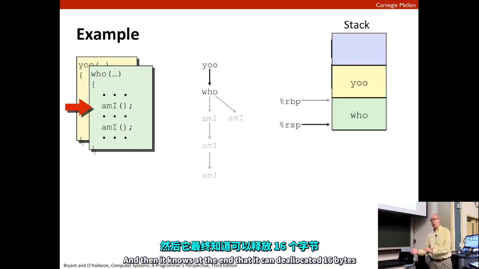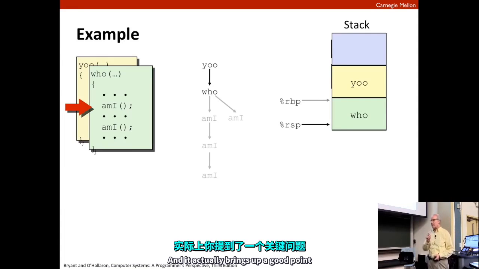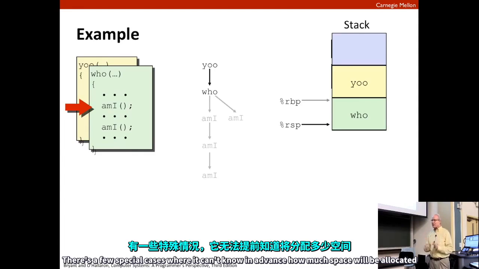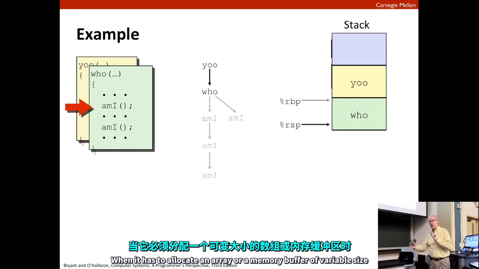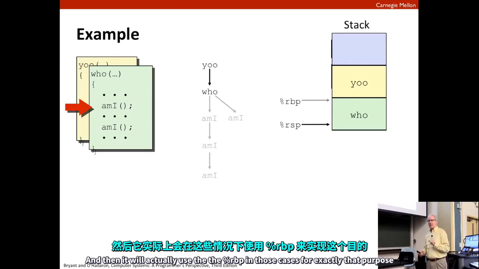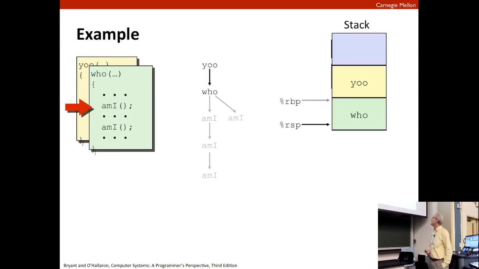And then it knows at the end that it can deallocate 16 bytes. And it actually brings up a good point. There's an obscure part of the book that goes over this. There's a few special cases where it can't know in advance how much space will be allocated, when it has to allocate an array or a memory buffer of variable size. And then it will actually use the RBP in those cases for exactly that purpose.